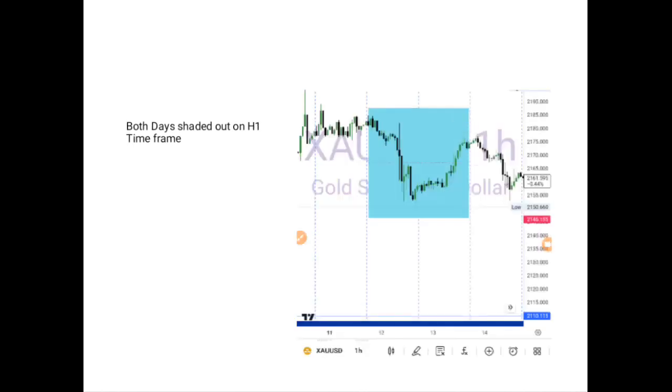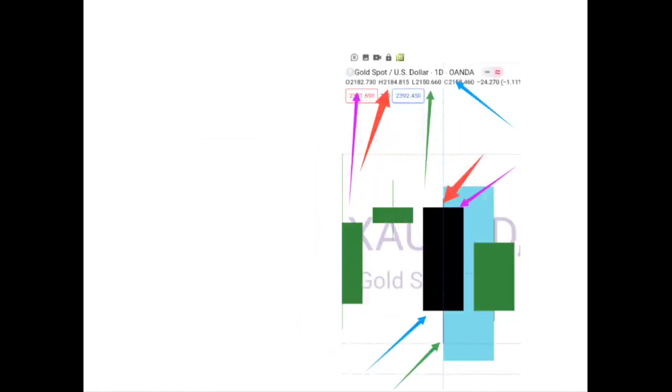So we have the 2 days, which is the 12th and the 13th. This was the candle on the 12th. On the 1 hour chart, you will see it better. This on the 12th and this on the 13th. So I shaded both days on the H1 time frame.